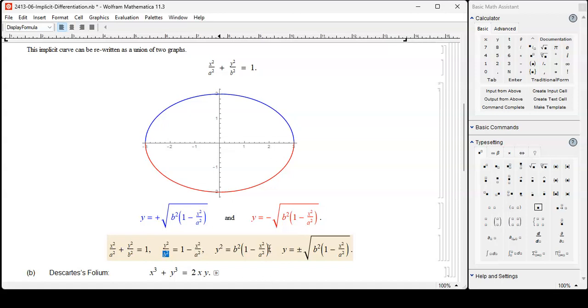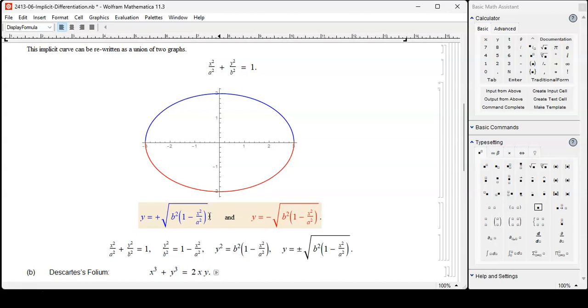So multiply away this b squared, then you get b squared times the previous, and that's how you get y squared equal to some expression. Now, final step, take the square root. And then voila, what do we have? We have an explicit equation. Actually, two explicit equations. Positive square root, blue, and negative square root, red.